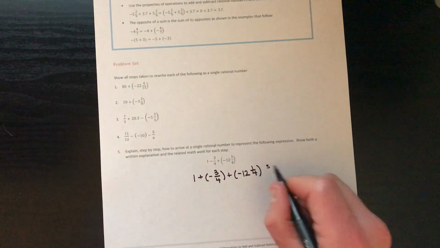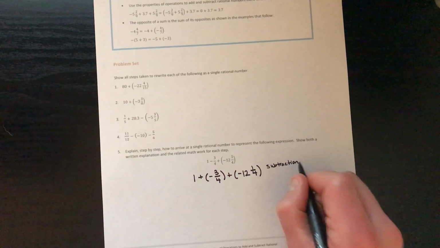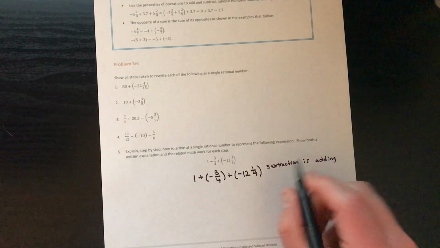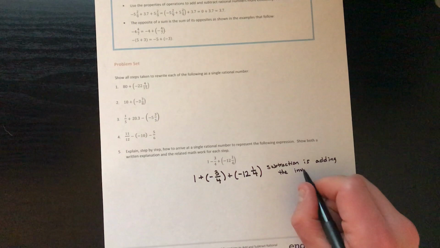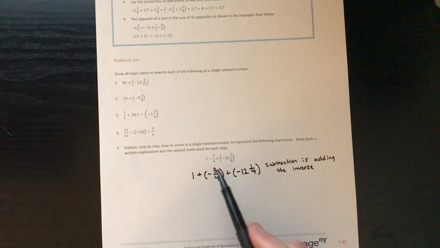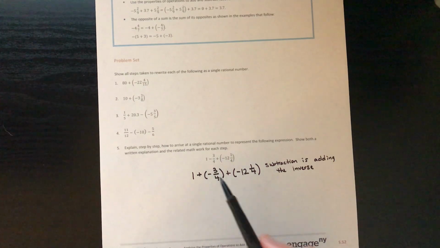So that's what I'm going to write here to justify that step: subtraction is adding the inverse. You're supposed to say additive inverse, but I like to shorten it to subtraction is adding the inverse. So the only change I made was that instead of -3/4, I wrote plus -3/4.